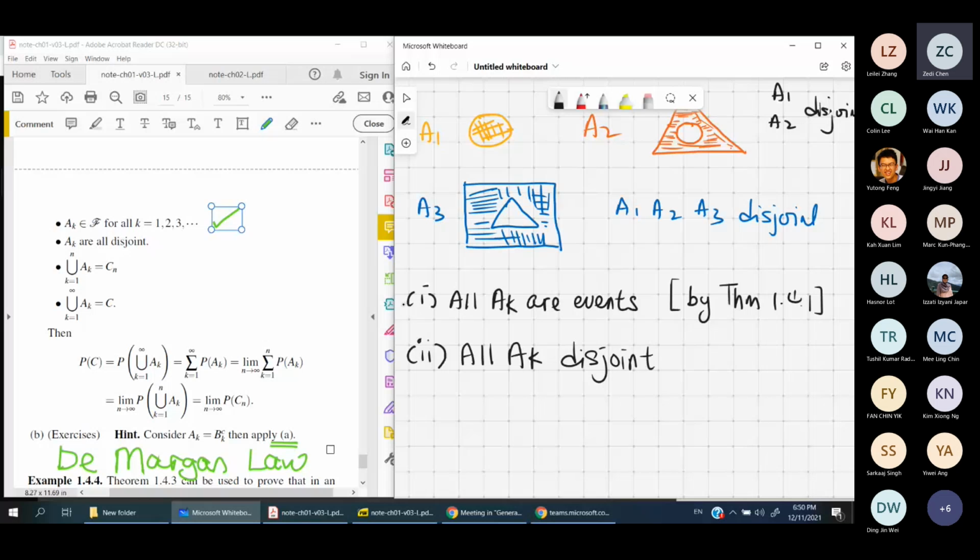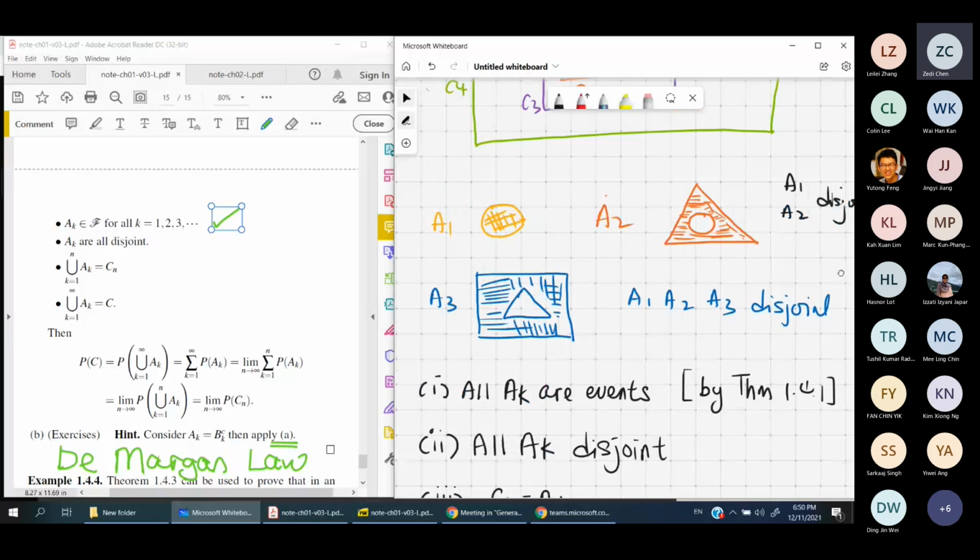Okay, by looking at the above graphical description, I think we can be convinced of that. Okay, and number 3 is, agree, C1 is equal to A1. So C2 is A1 combined with A2. So you agree with this?